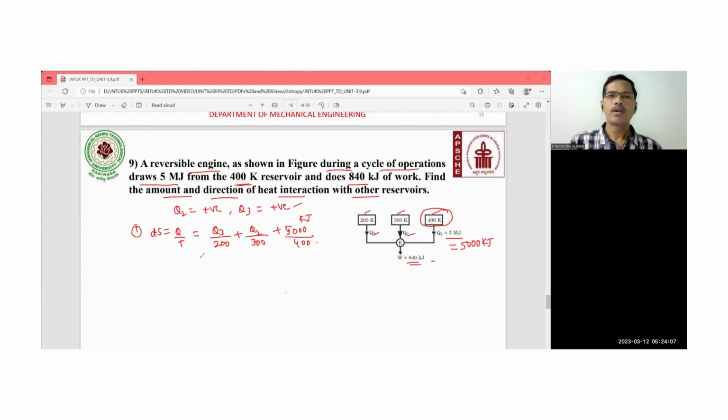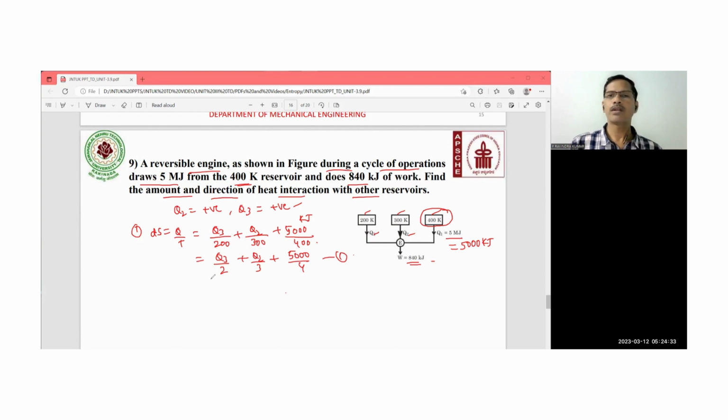So you get Q3 by 2 plus Q2 by 3 plus 5000 divided by 4 equal to 0. This is the first equation.